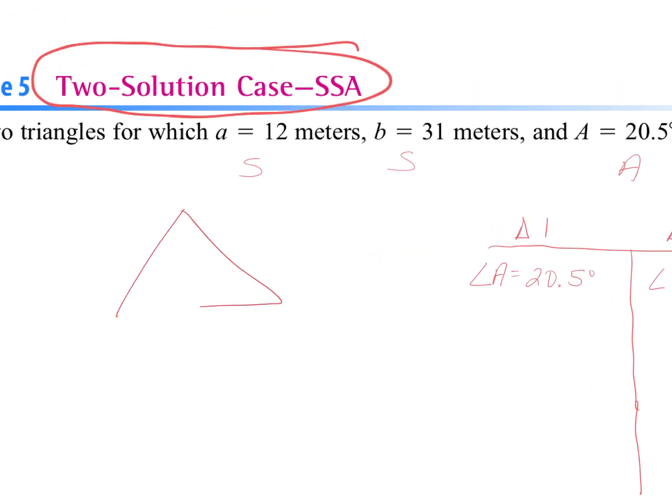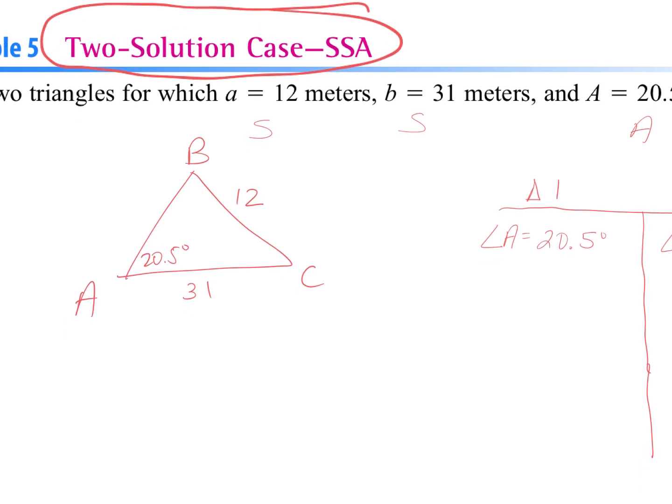Remember our arbitrary triangle ABC, it doesn't matter where you put it. Angle A is 20.5. They told me side a is 12, so that's going to go across from A. And they told me side b was 31, so it's going to go across from B. Now, we're going to treat this just like any other law of sines problem.